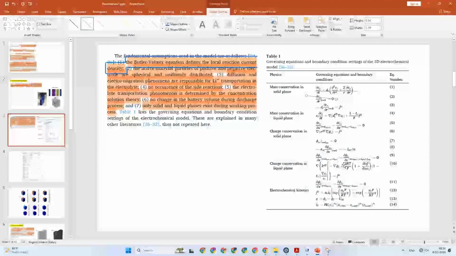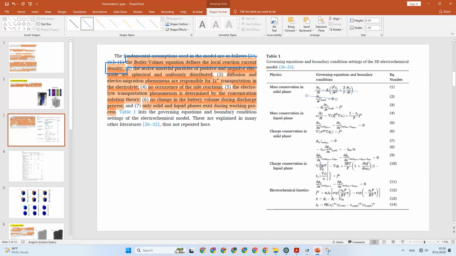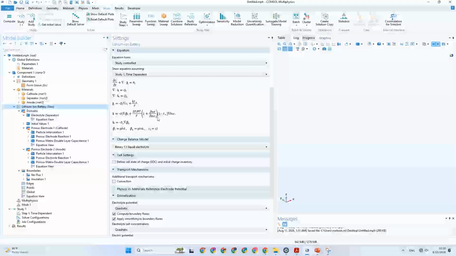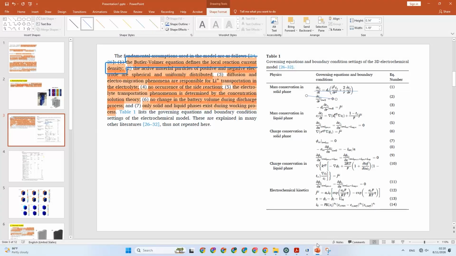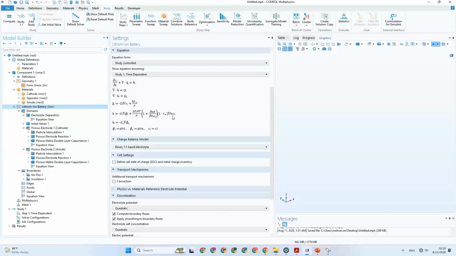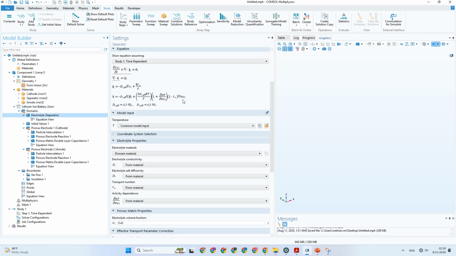Oh, it used a coefficient in front of the brackets, and ln f ln c, 1 minus t plus gradient cl divided by cl, gradient ln cl. Oh, maybe some gradient ln c.